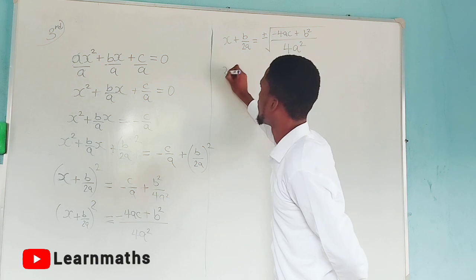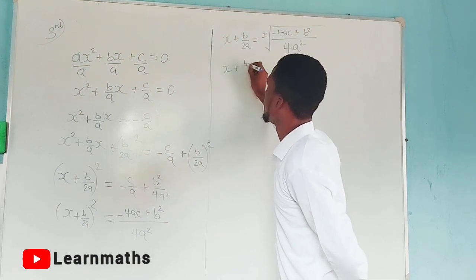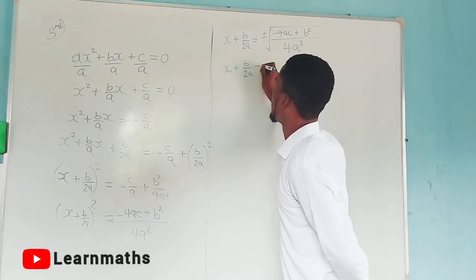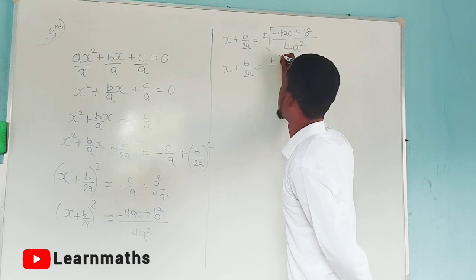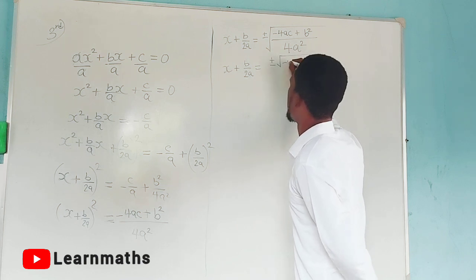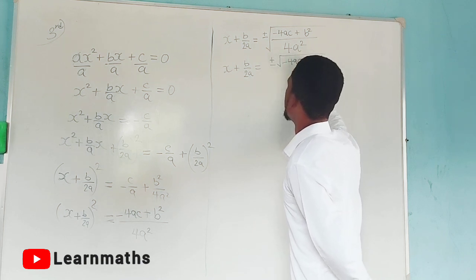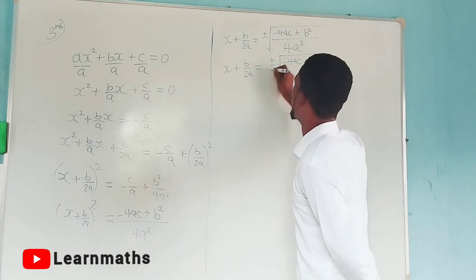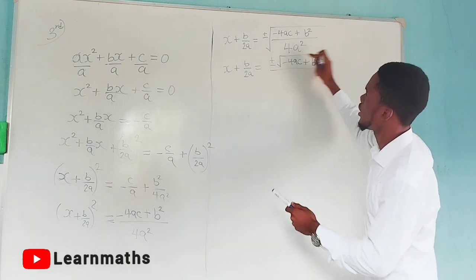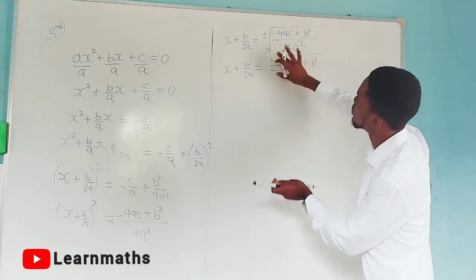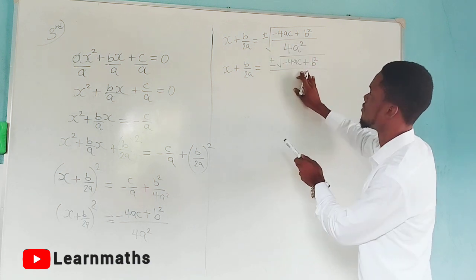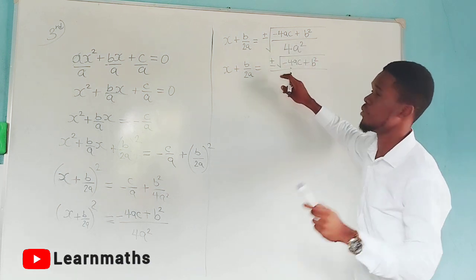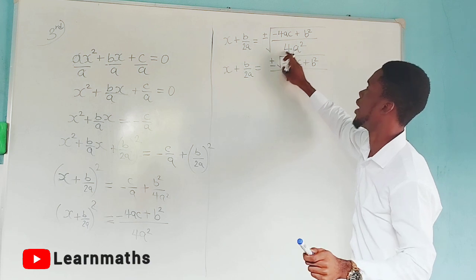Okay, so we're going to have x plus b over 2a equal to plus or minus the square root of negative 4ac plus b squared over, okay, as you can see now, the square root sign has reduced to just the numerator. It's no longer affecting the denominator. Why? Because we're actually going to take the square root of 4 and a squared.